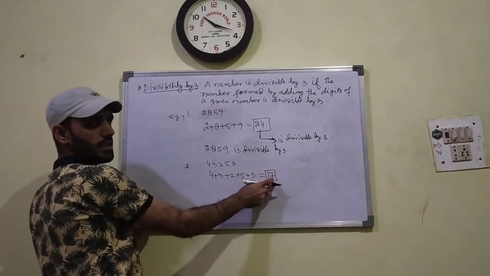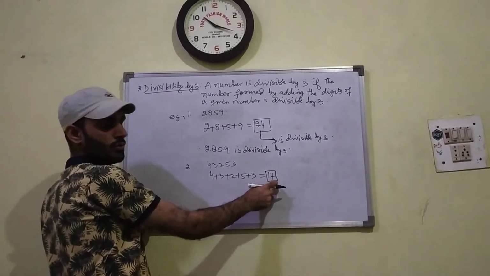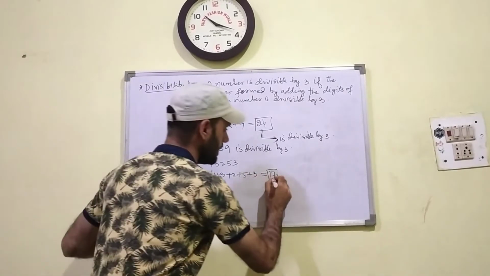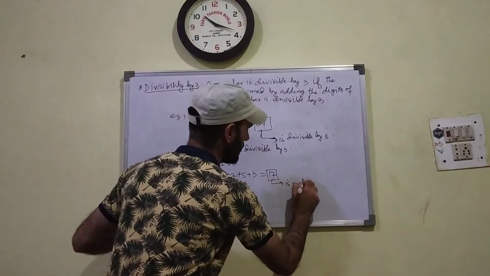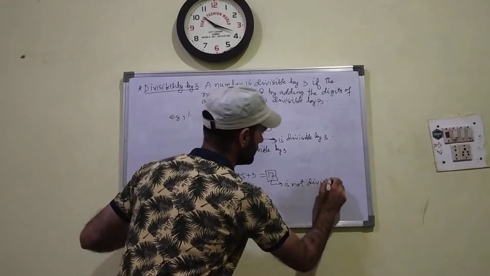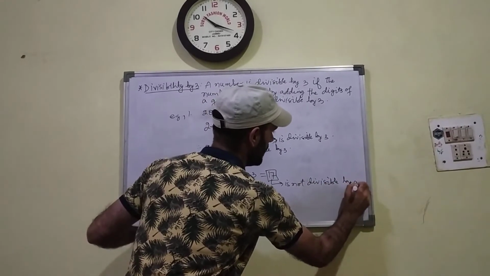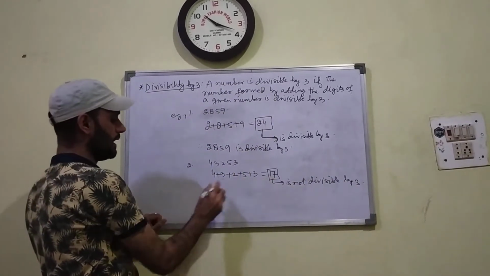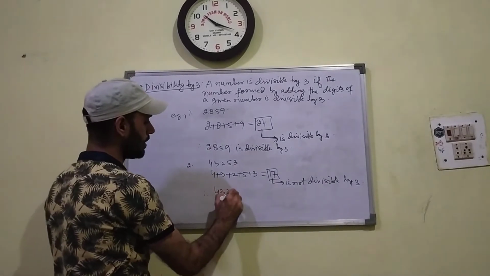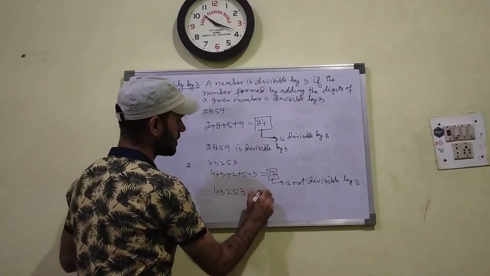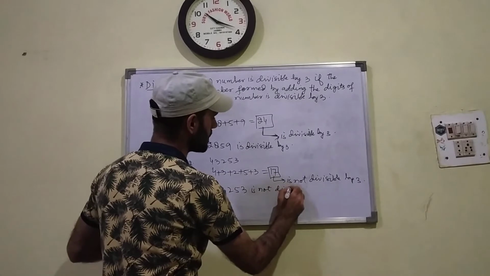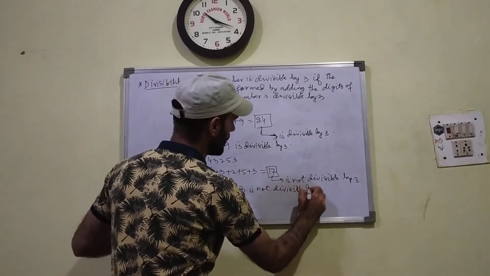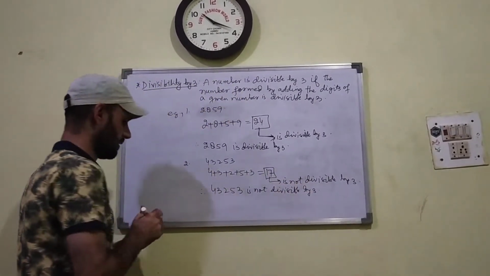Is this divisible by 3? No, this is not divisible by 3. If this is not divisible by 3, we can say that 43,253 is not divisible by 3.